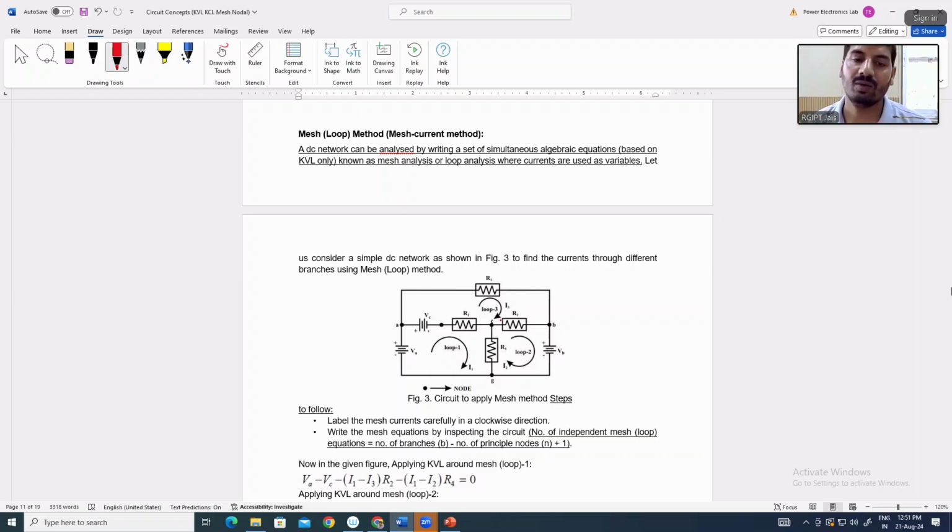By writing the KVL equations in the loops, we get 3 equations for 3 variables. By solving those equations, we can easily get the values of I1, I2 and I3. This is the basic principle of the mesh method, and also the procedure to apply the mesh current method. Clear?